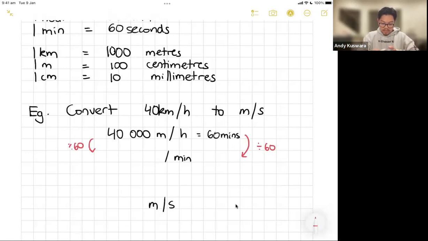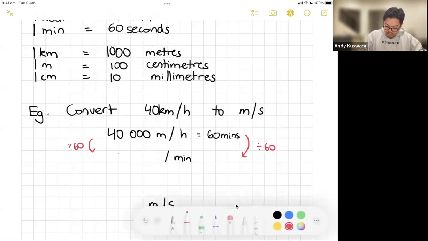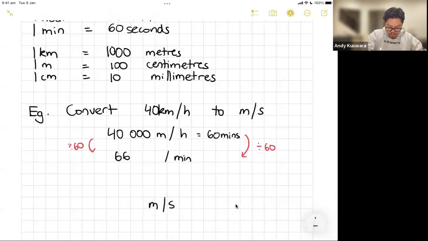And I've got a calculator on hand. 40,000 divided by 60 gives you, that's an interesting number, 666.67, and I'm just going to stick with that. So that's how many meters it is per minute.